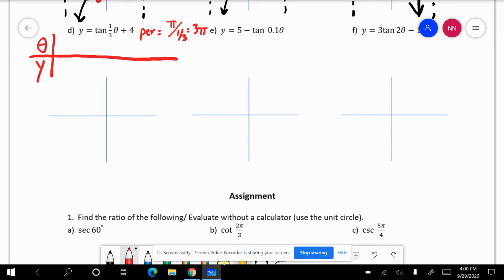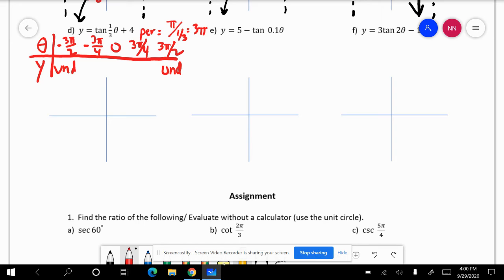That gives us negative 3 pi over 2, negative 3 pi over 4, 0, which is nice because it stays the same, 3 pi over 4 and 3 pi over 2. We start with it being undefined and end with it being undefined.